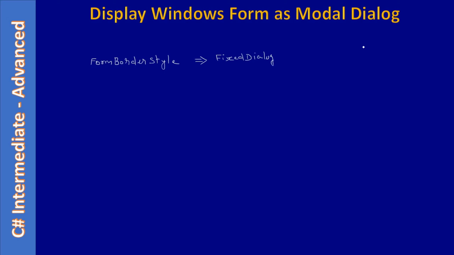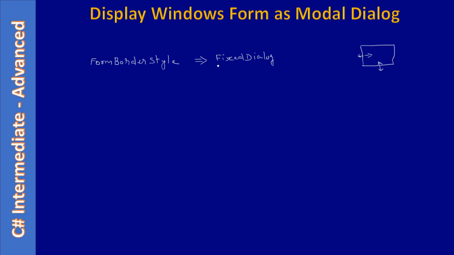So once you set this property, the dialog border will change, and at the same time, when you place your mouse cursor, you won't see this resize option. That means you can't resize the dialog through your dialog edges or form edge.